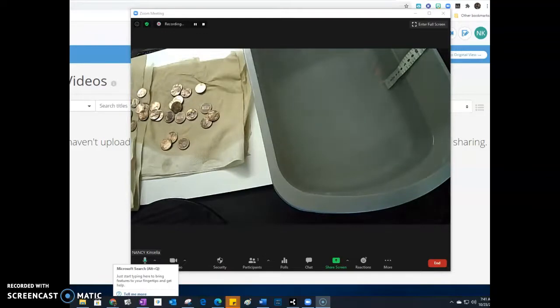Trial 3 for the 42 milliliter was also 18.